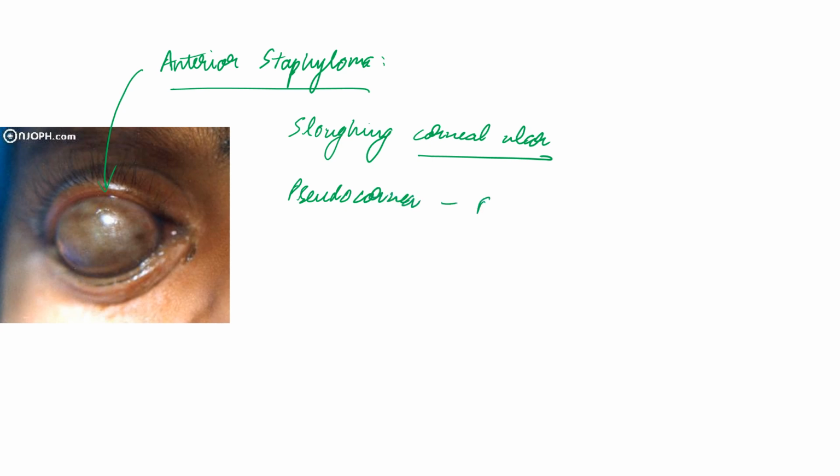This pseudocornea is organization of exudates and fibrous tissue. This is basically weak, and because of the raised intraocular pressure, there will be bulging of this pseudocornea leading to the formation of anterior staphyloma. Remember, the definition of staphyloma is ectasia of the outer coats of the eyeball with incarceration of the uveal tissue. The uveal tissue in case of anterior staphyloma is iris. That is, anterior staphyloma is lined internally by the iris and externally by the newly formed pseudocornea.